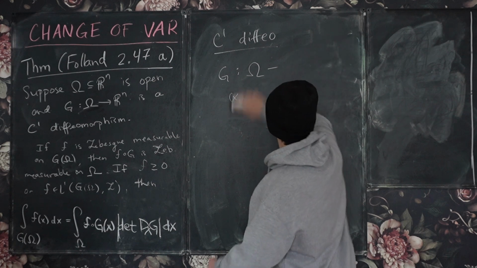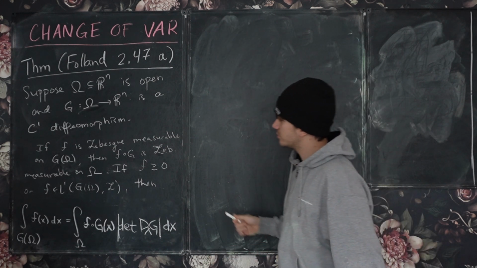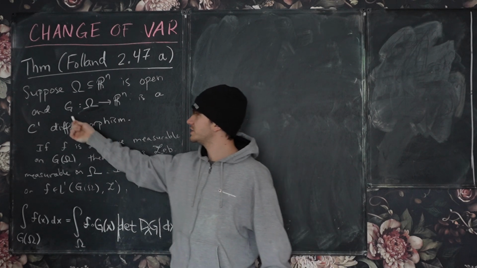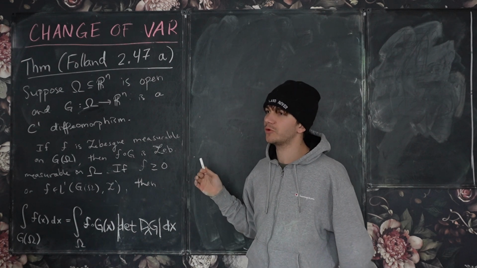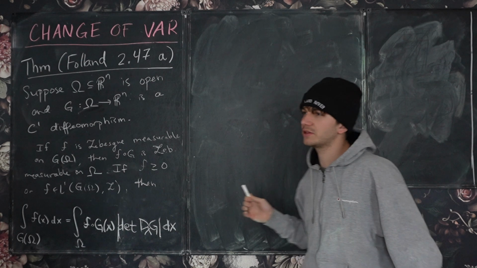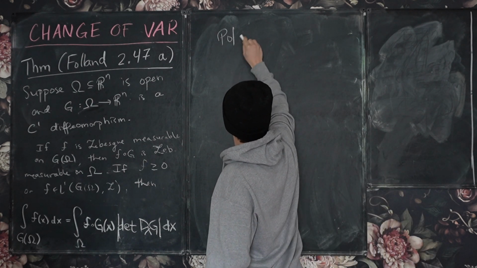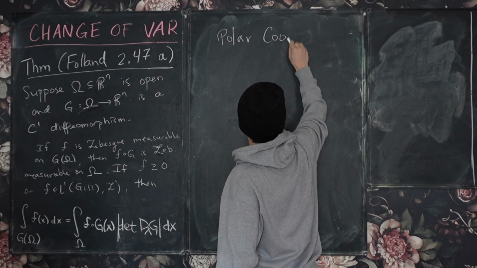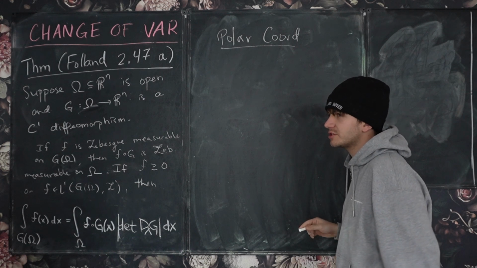Now, we're thinking of g as some sort of change of variables. So let's start off with an example of polar coordinates, just to see what this might look like. Let's do 2 dimensions for now.